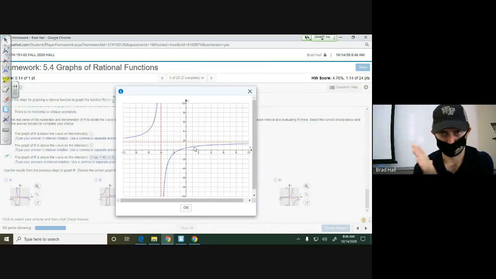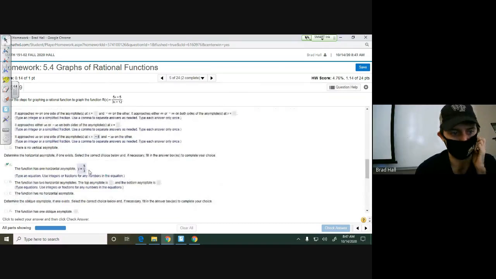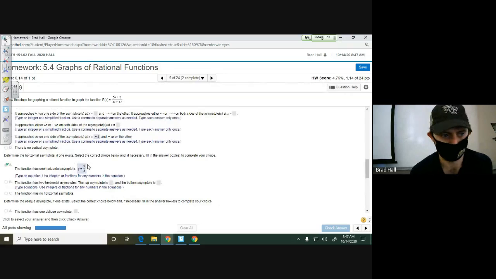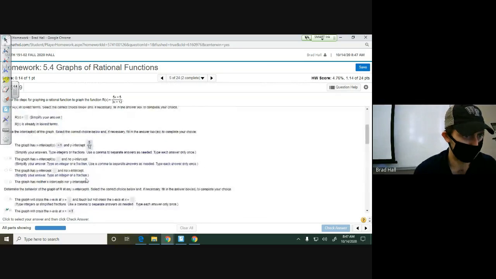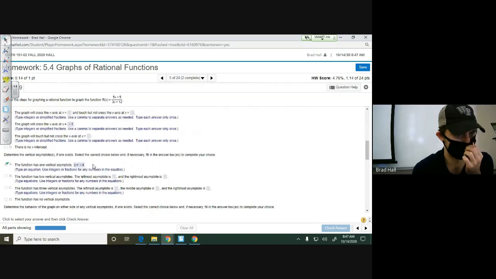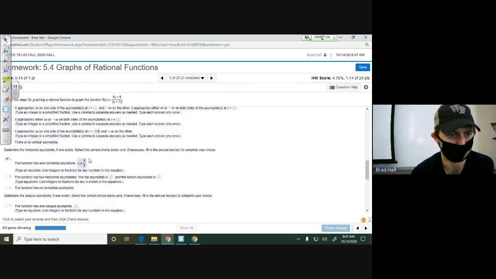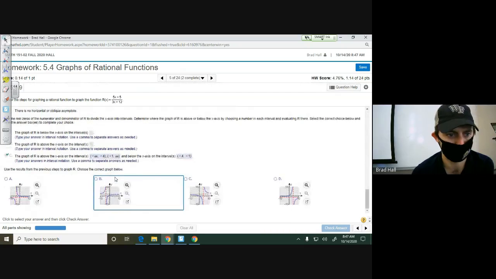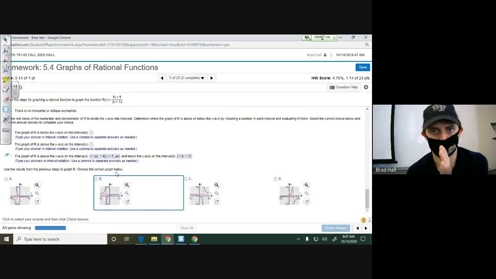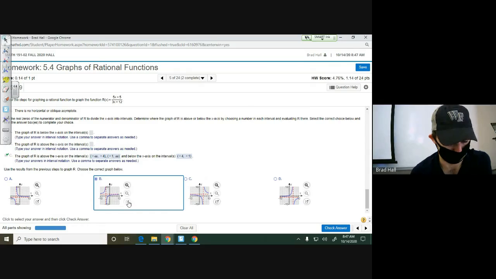Or left relative to how you were all seeing it might be this way. So we found the horizontal asymptote as a positive number and the vertical asymptote as a negative number. So the vertical asymptote was -4, and the horizontal asymptote's a positive number, which means it should go to the left and up. Actually, this seems to be the only one that goes to the left and up.